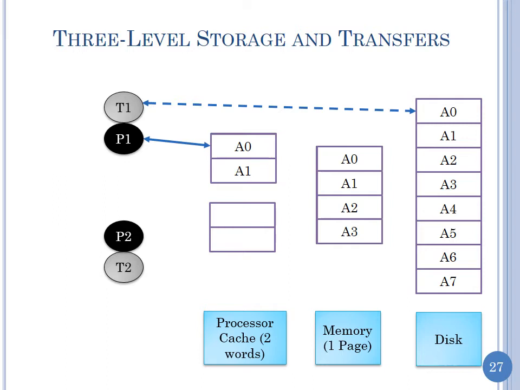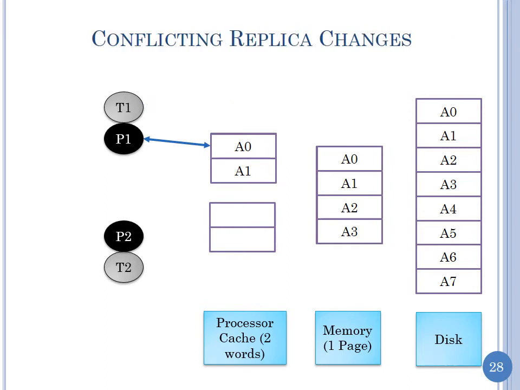So P1 can then access A0. Now T2 wants to access A0. The page is still in memory. Okay, and now it's got A0 accessed in its cache block also. So these two cache blocks are overlapping, or basically they have the same elements.